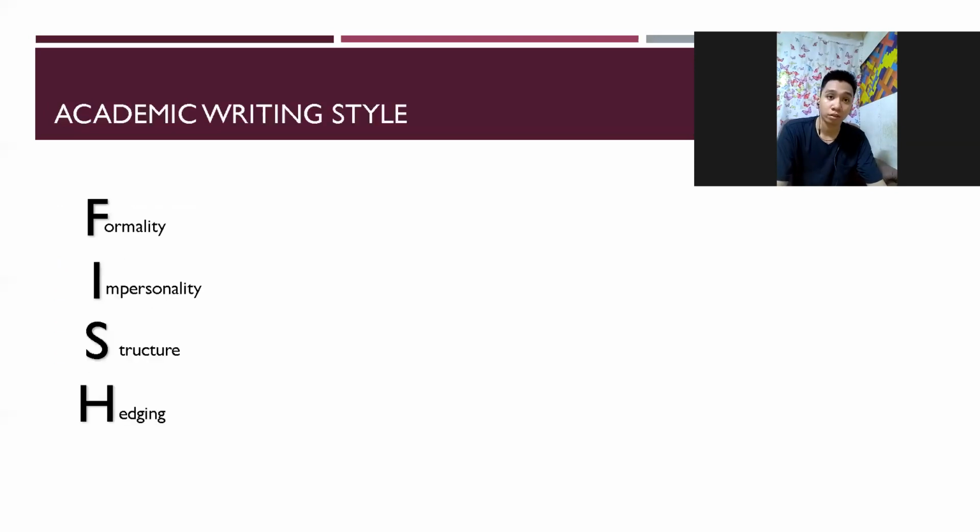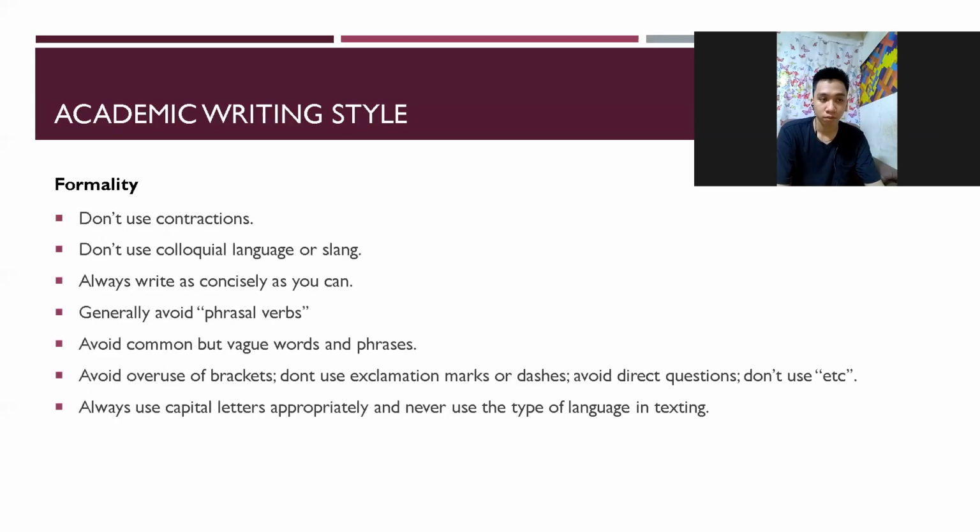So, academic writing style. Academic writing style is like a FISH. F is formality, I for impersonality, S for structure, H for hedging. Here is F. Don't use contractions. What are contractions? Contractions are like don't, aren't, isn't.